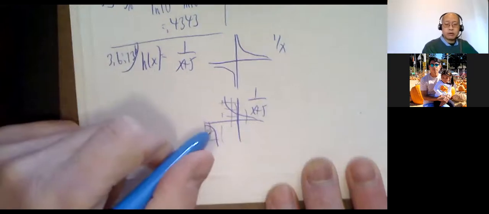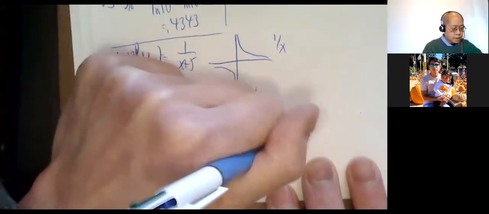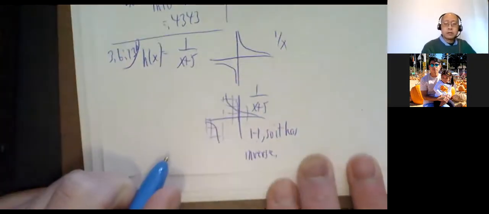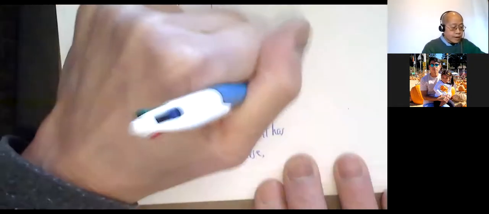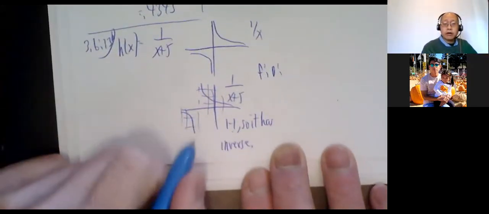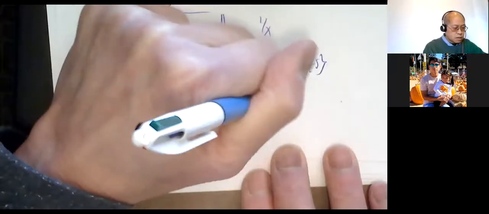It passes both the vertical and horizontal line test. For f, the original function, the domain is all real numbers except for -5. And the range is all real numbers except for 0.